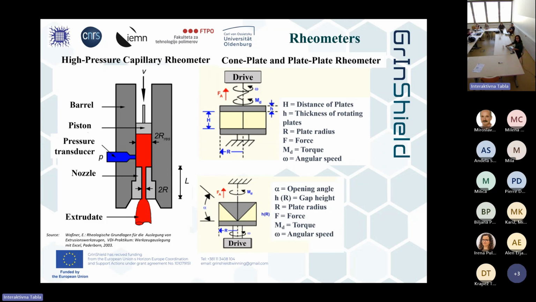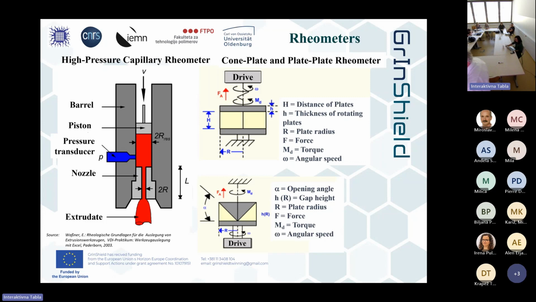From the piston speed, we get information about the shear rate. And from the pressure, which we measure here, we get the information about the shear stress. Shear stress and shear rate we combine to a viscosity, point by point. That is high pressure capillary rheometry.